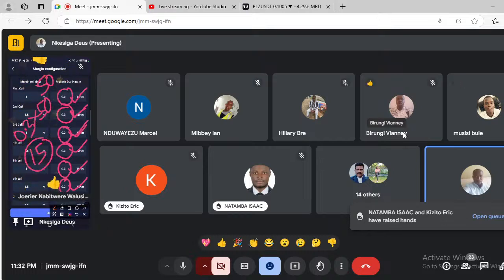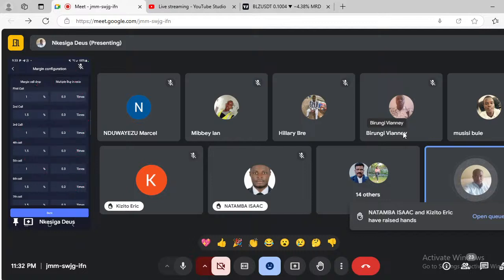The 0.3 we are seeing here is representing $15, because our first buy is 50. Therefore, it is 0.3 of 50, which is 15. And out of the 50 that I used as first buy, if this coin keeps dropping, I can end up using $100.